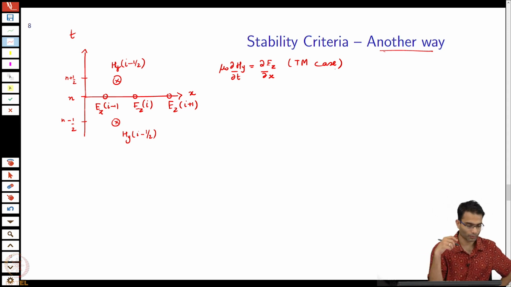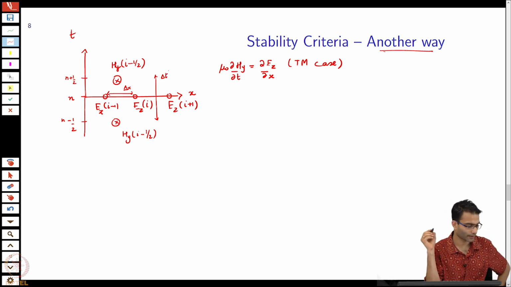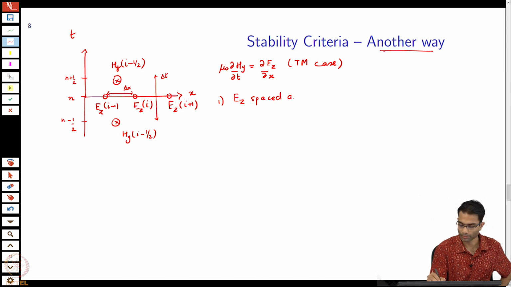Right. What do we do now is, so this is my delta x, and delta t is this whole thing over here, okay. So, let's write it in stepwise form. So, Ez is spaced apart by delta x, you already know that.